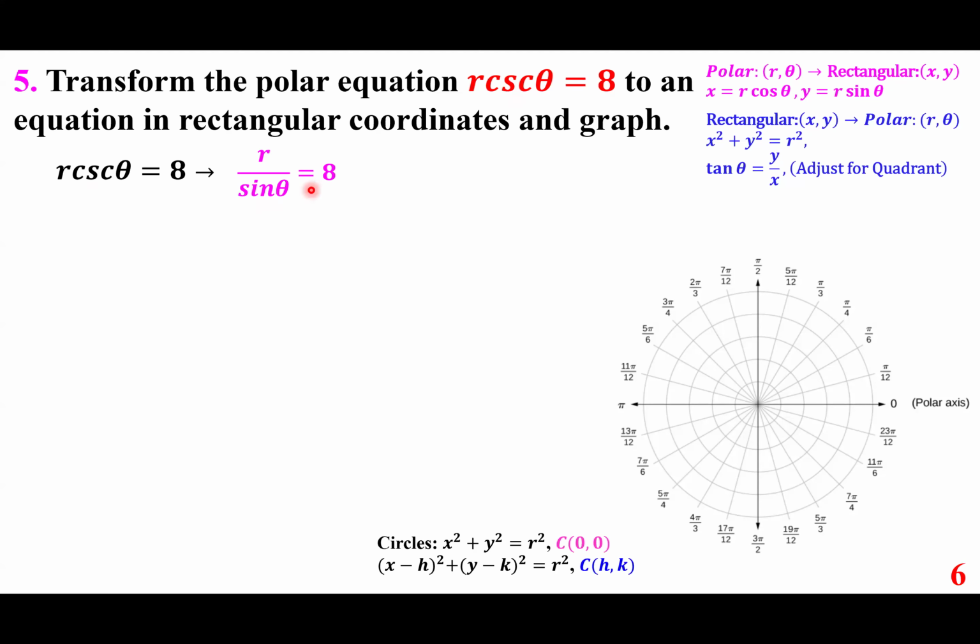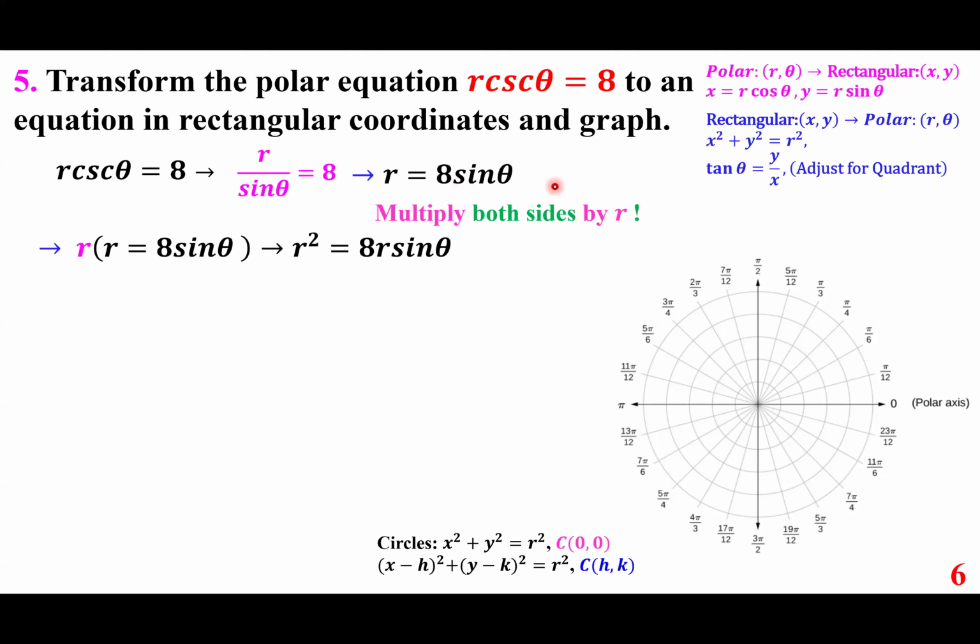Do the cross product. r is 8 sine theta. Now it's a similar situation to the previous example. The technique is to multiply both sides by r, because this side becomes r squared, this side becomes 8 r sine theta, and they are both familiar.